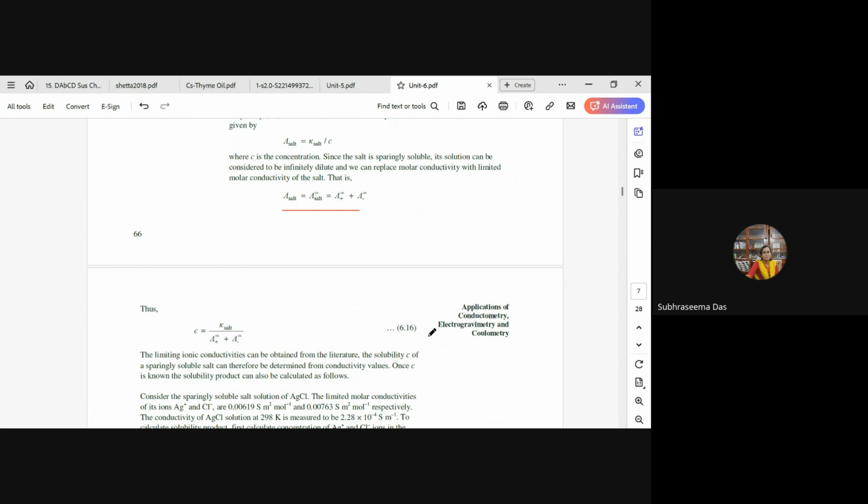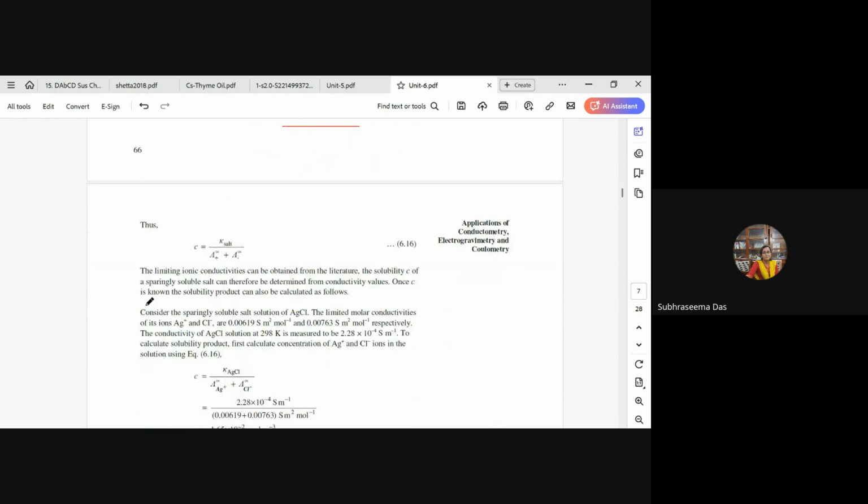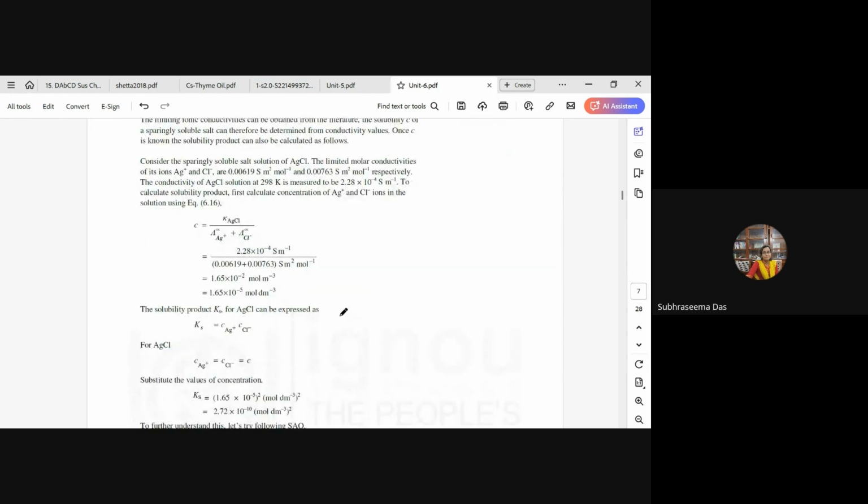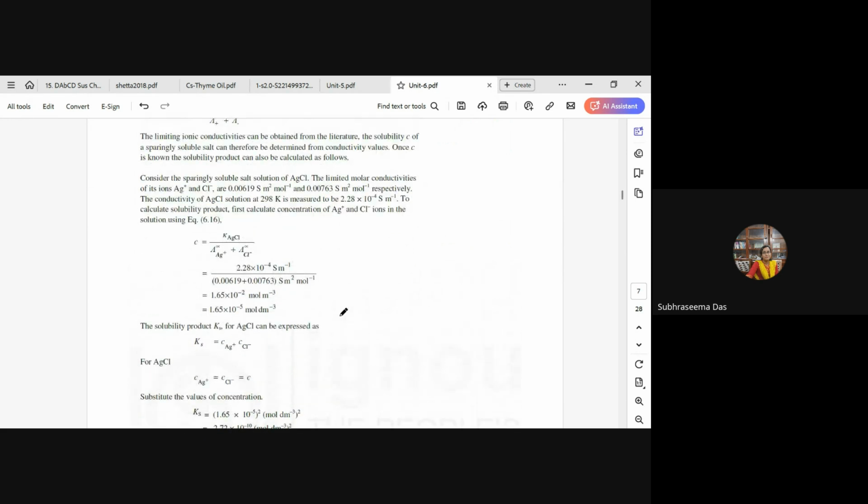So C becomes kappa of the salt by lambda infinity of cation plus lambda infinity of the anion. Ultimately, the limiting ionic conductivities can be obtained from literature, and the solubility C we can find out. Once we know C, the solubility product can be calculated. Here one example has been shown for AgCl.